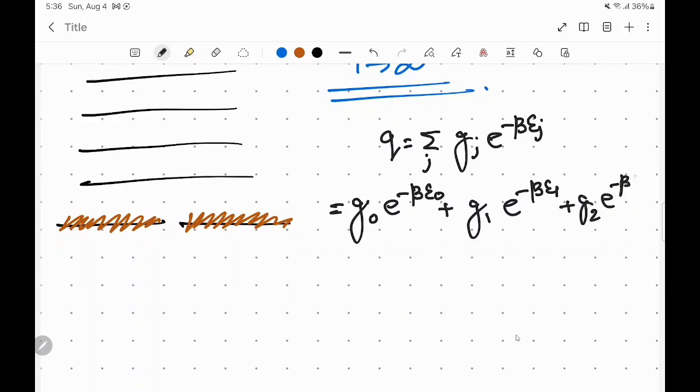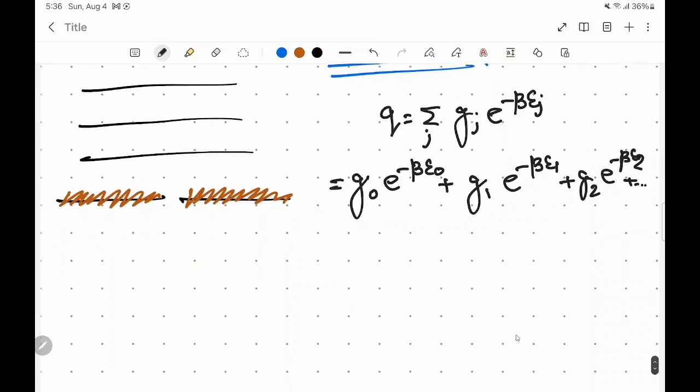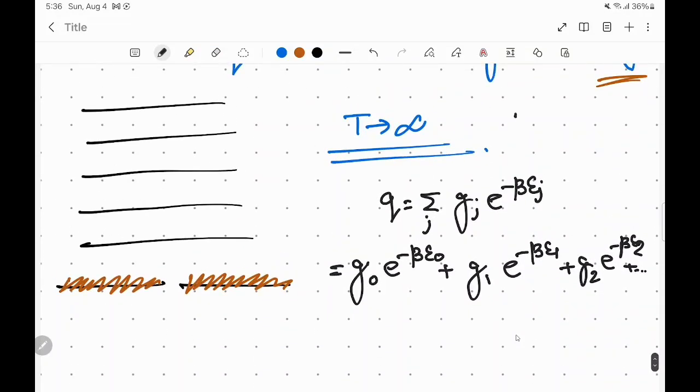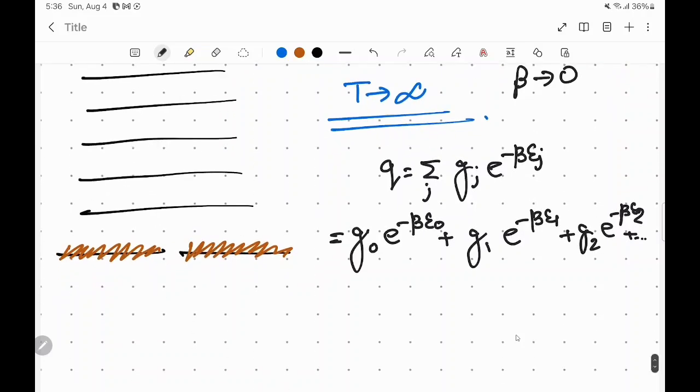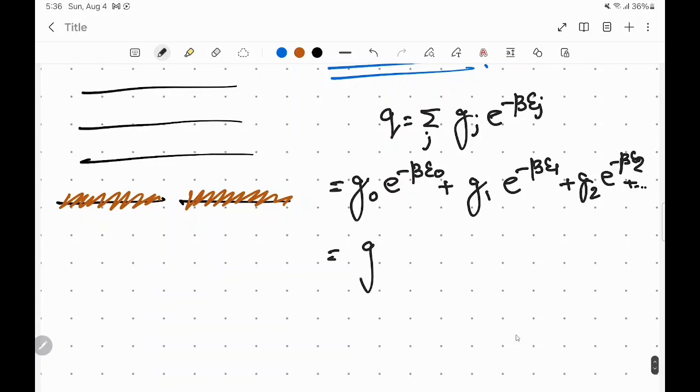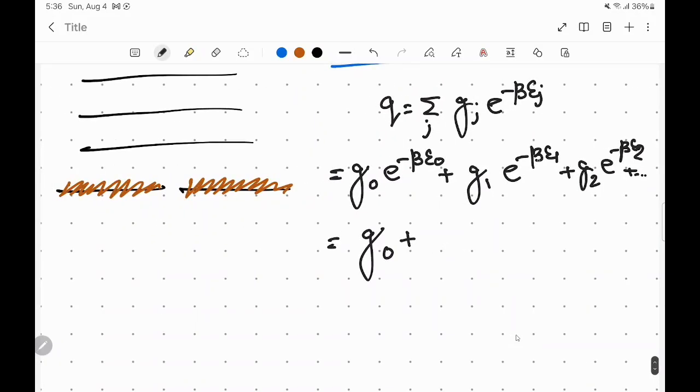Let me write it: G0 plus G1 plus G2, because T tends to infinity means that beta tends to 0. If beta tends to 0, then it will be 1. So it is G0. After that, again e to the power minus 0 is e to the power 0, 1. So G1 plus G2 and so on.